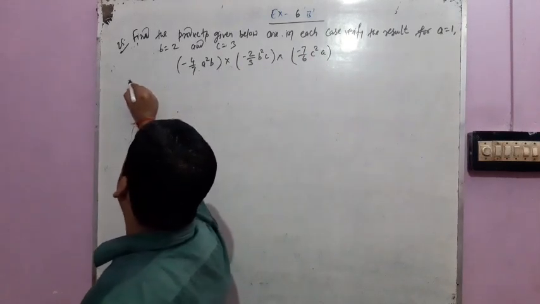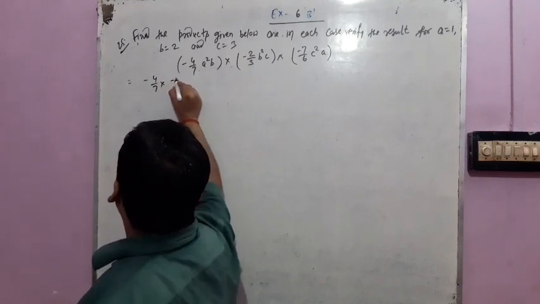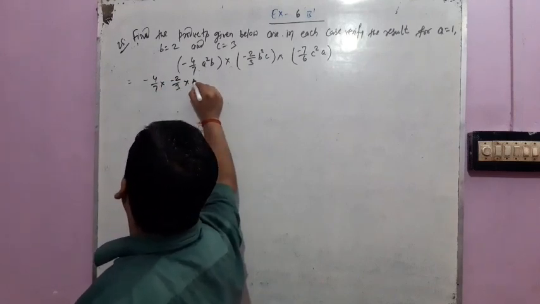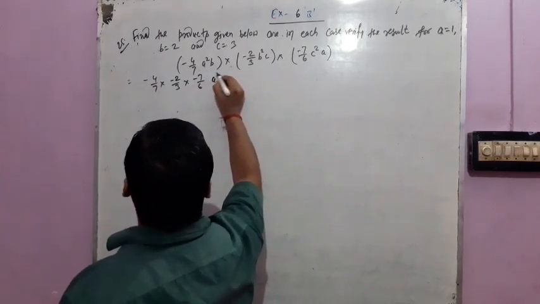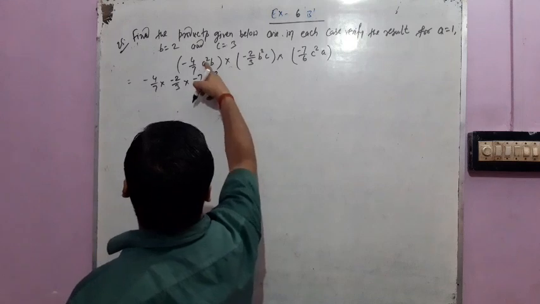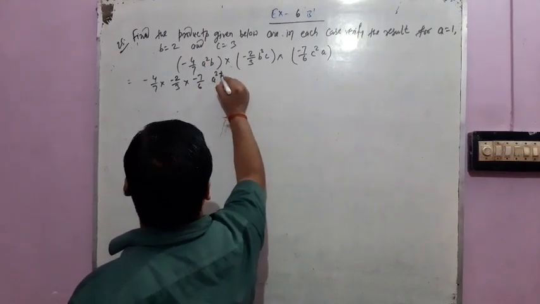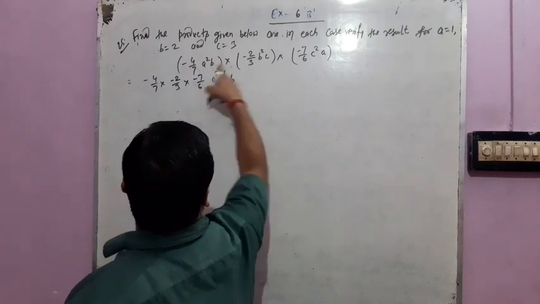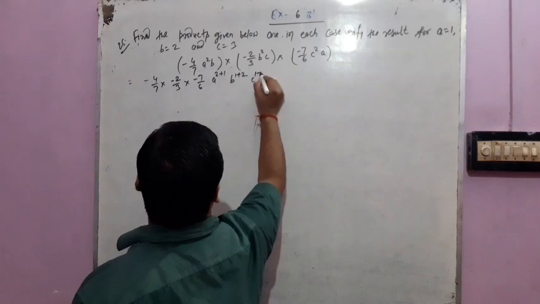So first we multiply minus 4 by 7 into minus 2 by 3 into minus 7 by 6, and for the powers, here we are adding the exponents of the same variable: for A, 2 and 1 make 3; again for B, 1 and 2 make 3; and for C, 1 and 2 make 3.